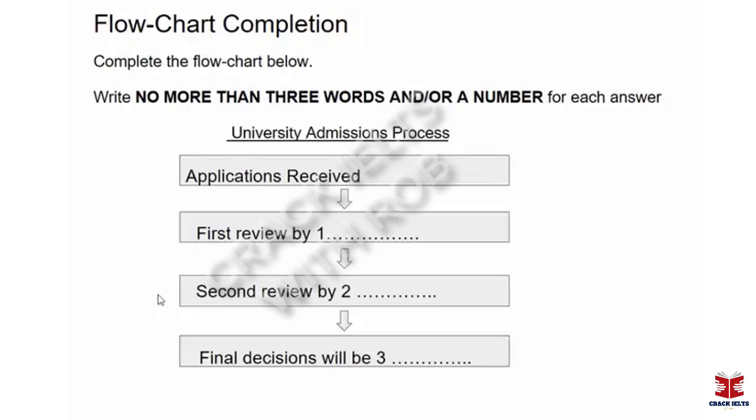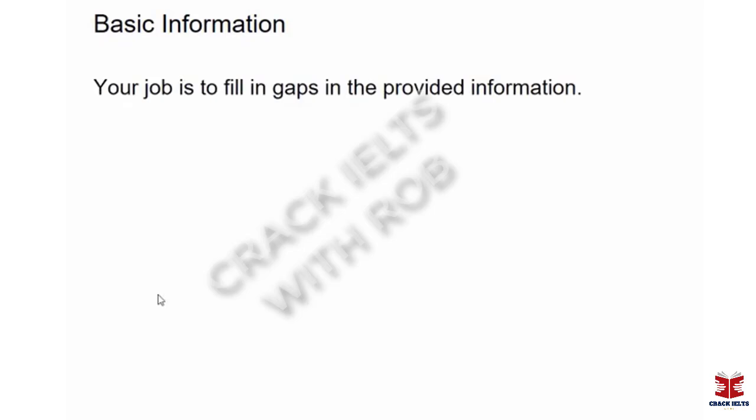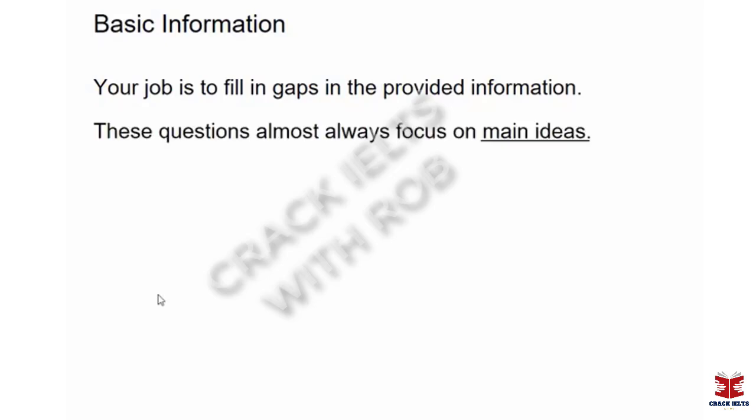Now, as you can tell, looking through some basic information here, all of these question types are pretty similar to one another, even though they take different forms. The basic idea is that you need to fill in gaps in the provided information. All of these give you some information, whether it's notes or a table or a summary. They give you a lot of information, and you simply need to fill in the missing pieces to that information that's provided.